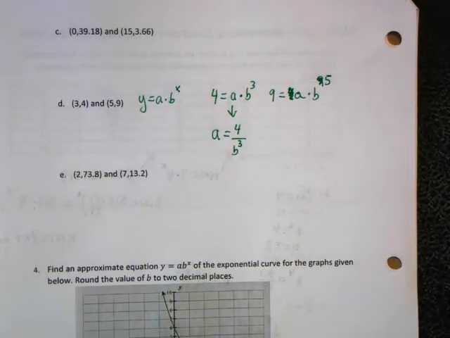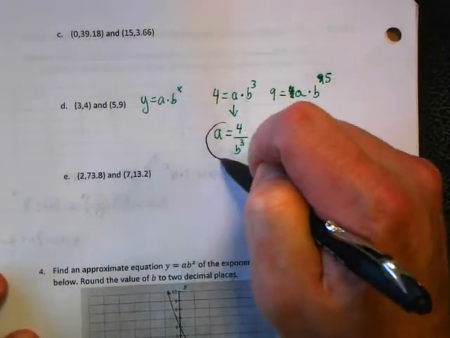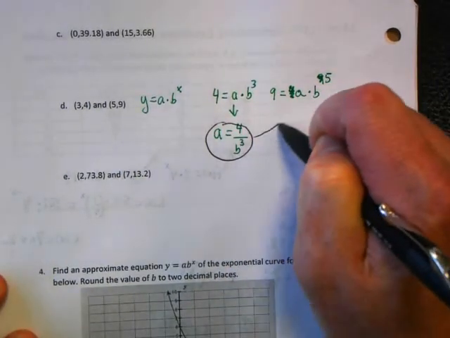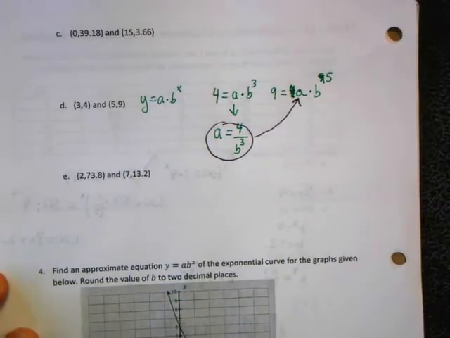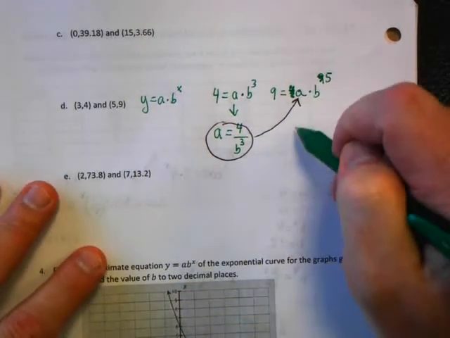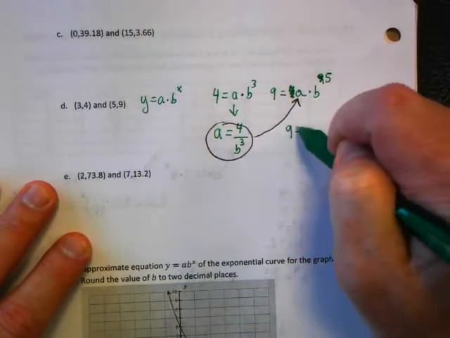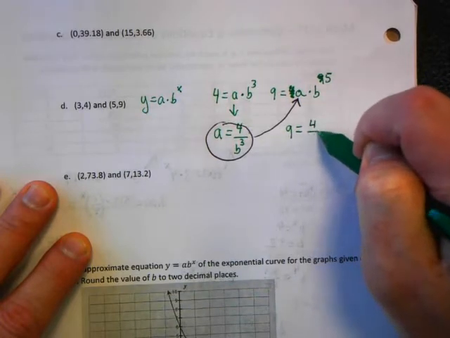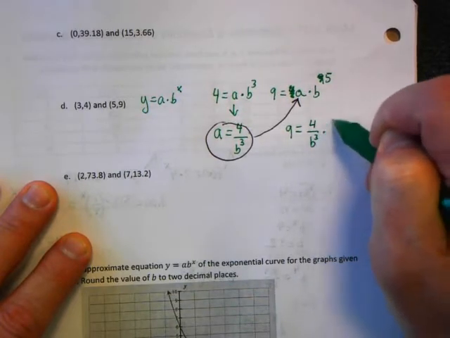So what did I do there? I divided by b cubed. And then I'm going to take that and plug it into the other equation. So I have 9 equals 4 over b cubed times b to the 5th.